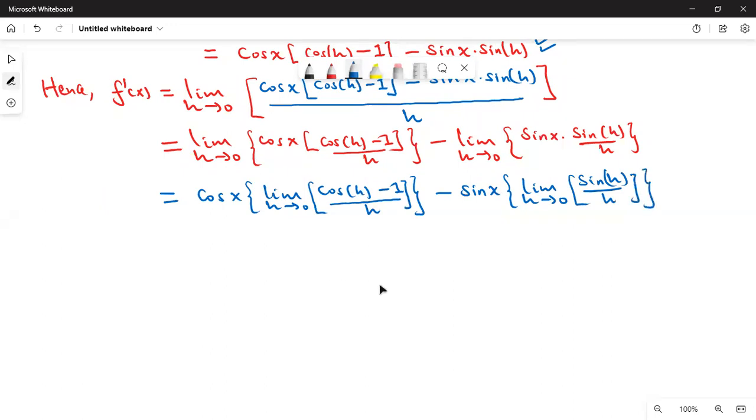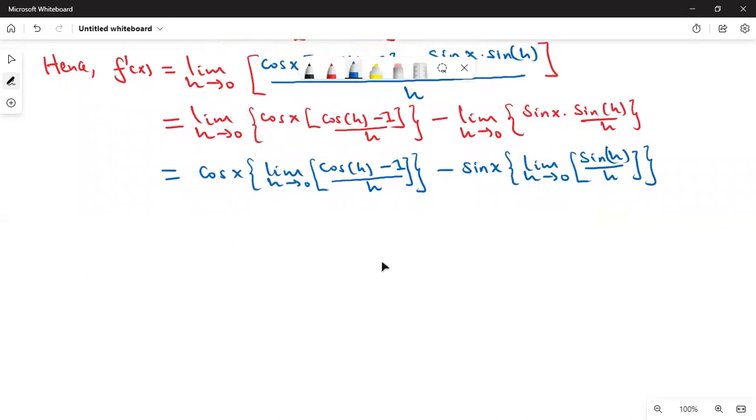Now, I want us to take note. We are going to write a note here that this limit, you see the limit of cos h minus 1 over h, this limit is always equal to 0. And the limit of sine h over h as h approaches 0 is always equal to 1.